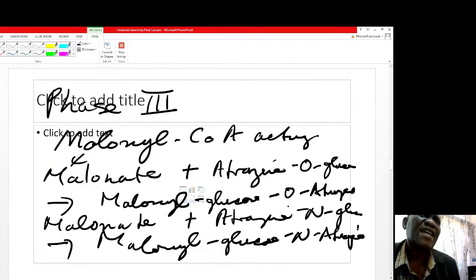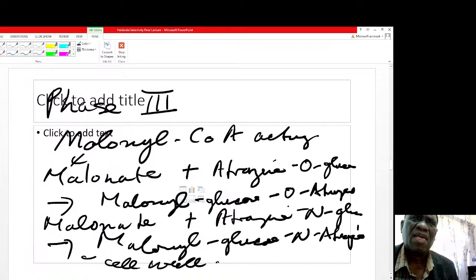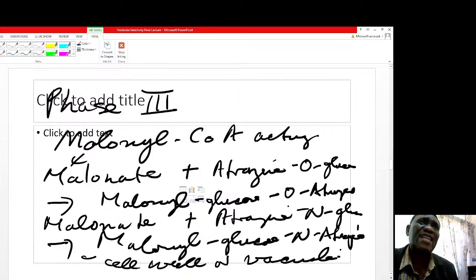Now these products will become part of the cell wall, or they may enter the vacuole, and that could be the end of atrazine.